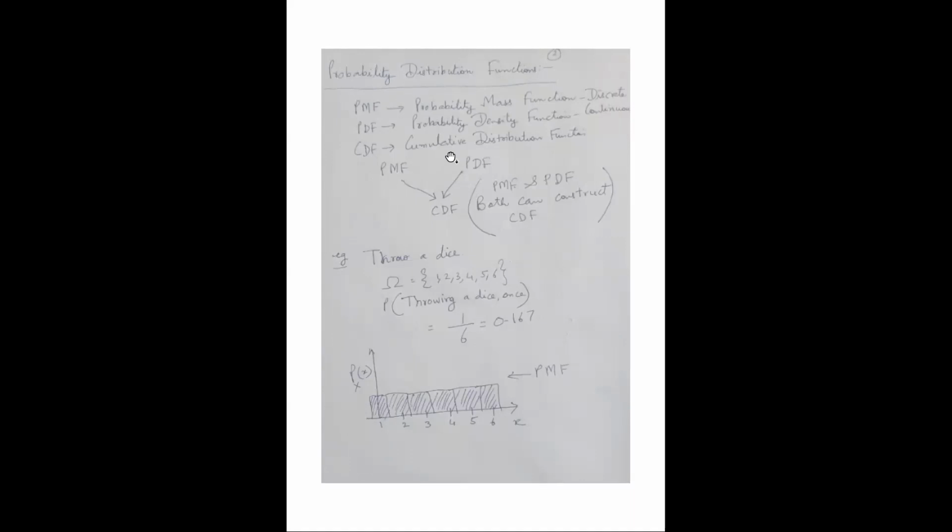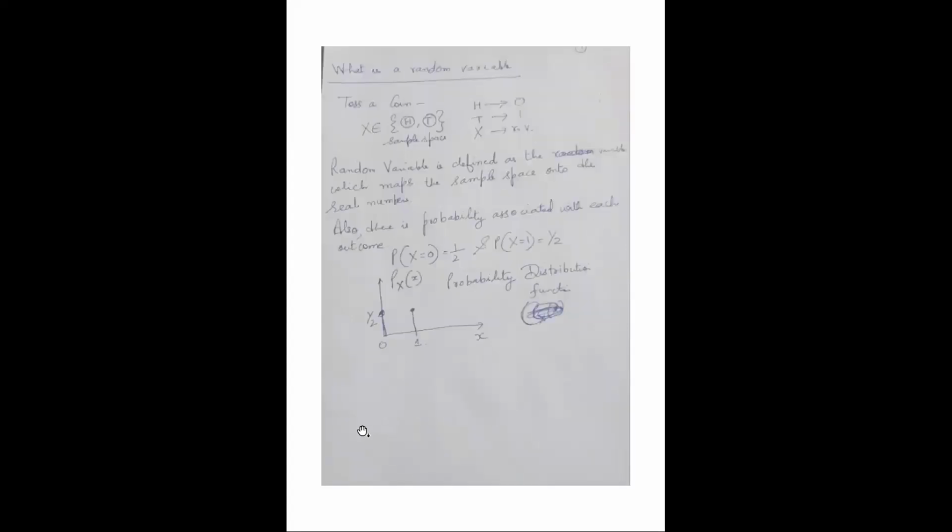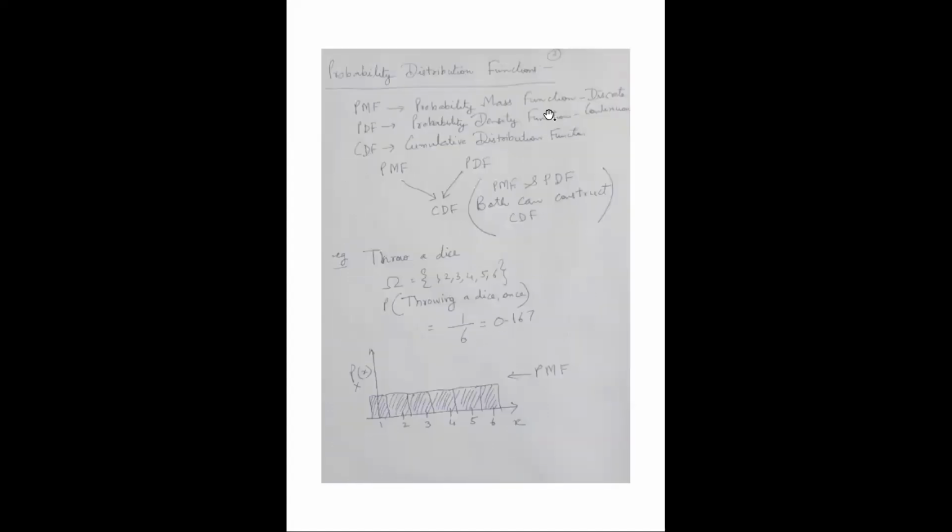When the random variable is a discrete random variable, that means the outcomes are discrete, the probability distribution associated with that random variable will be called the probability mass function, right?